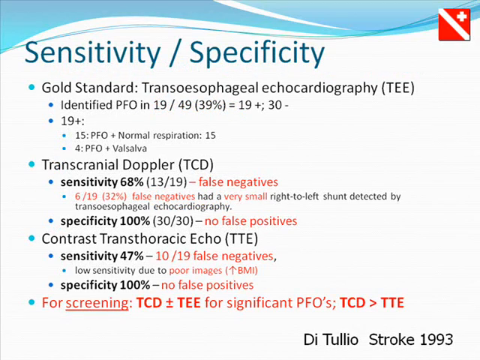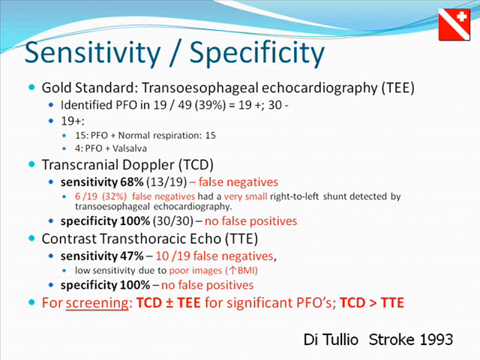This is a study by Tullio in 1993. And he had 49 individuals, of which 19 had a PFO and 30 did not. Out of the 19 that had, 15 had a rest shunt and 4 had Valsalva positive PFOs. So that's your population that was assessed. And that was using TEE as the benchmark.